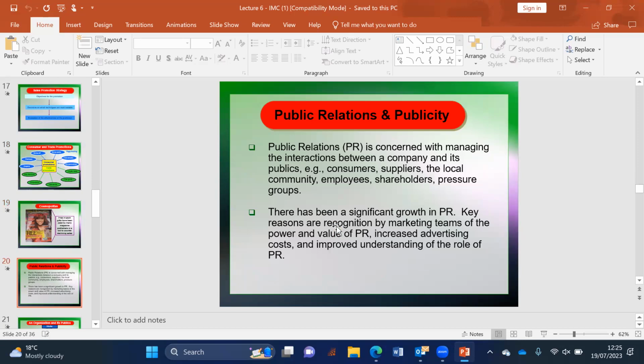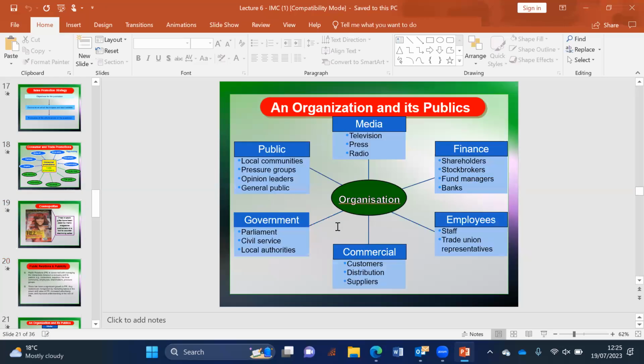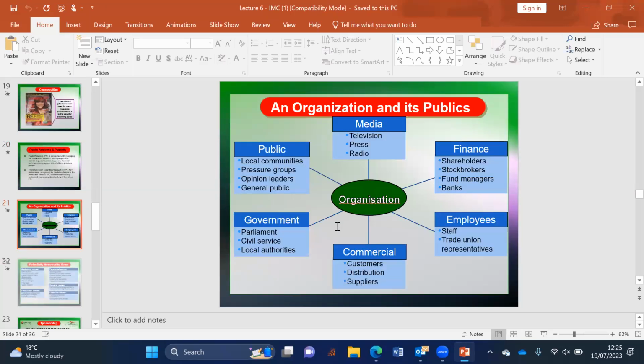There's also public relations and publicity that is concerned with managing the interactions between company and its publics. We're going to see what the company's publics are in a bit. And so these are the company's publics. It's the media, it's finance, it's employees, it's commercials, it's government, it's public. All of these, not just the consumers, constitute the public.